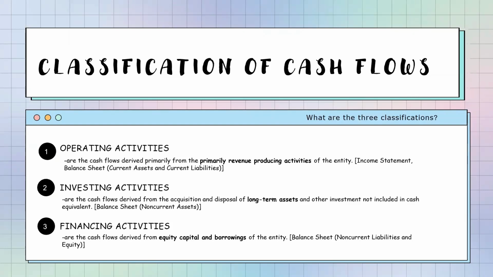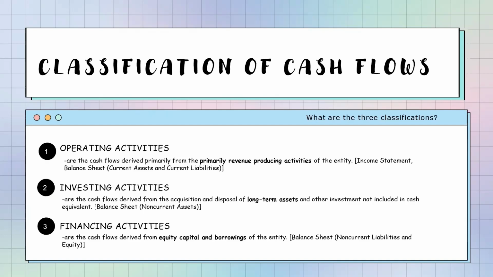So, let's define them. So, operating activities are the cash flows derived primarily from the revenue-producing activities of the entity. So, ang involved dito is makikita sa income statement and then sa balance sheet under current assets and current liabilities. And then yung investing activities naman are the cash flows derived from the acquisition and disposal of long-term assets and other investments not included in cash equivalents.